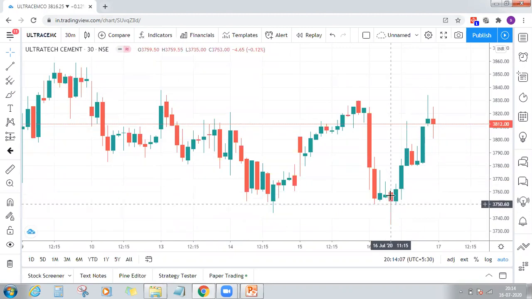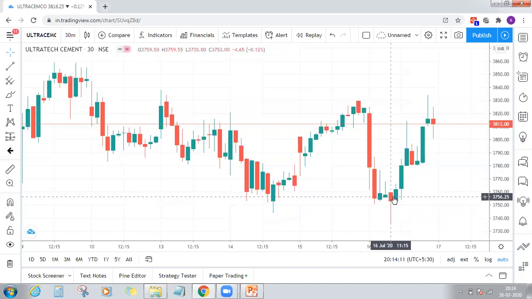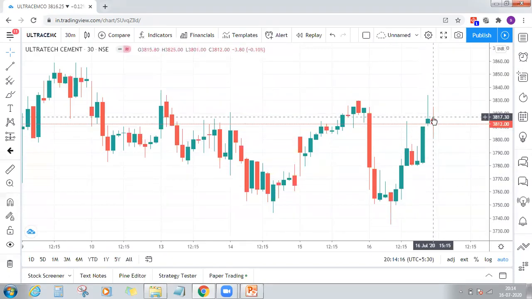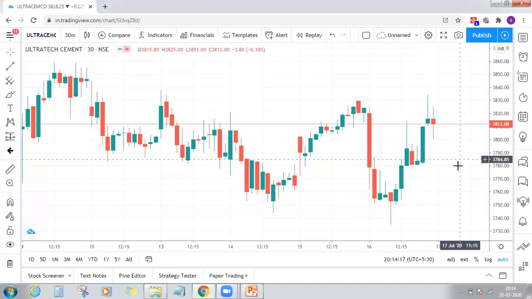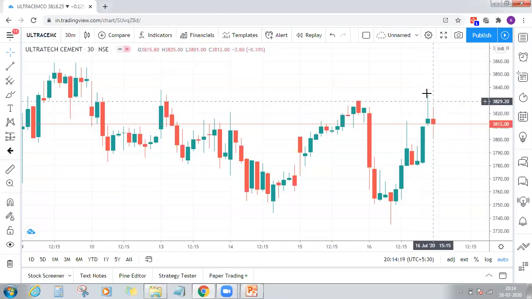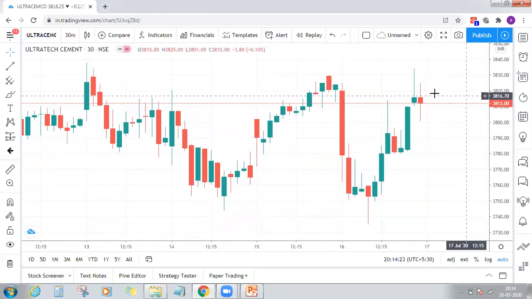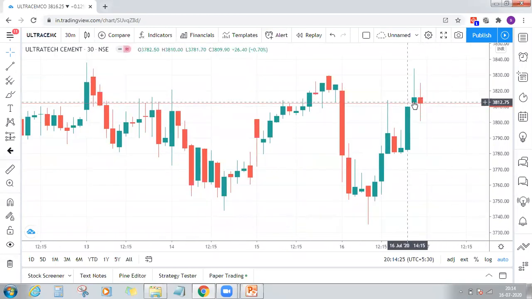Today itself, I have a hammer candlestick pattern here, and immediately one more candle closed above that. Now see the amount of bullish rally you got after that. And this is a shooting star pattern. And problem here is the next candle should be red in color, because the shooting star body is green. I have to wait for one more red candle to close below the low of shooting star.